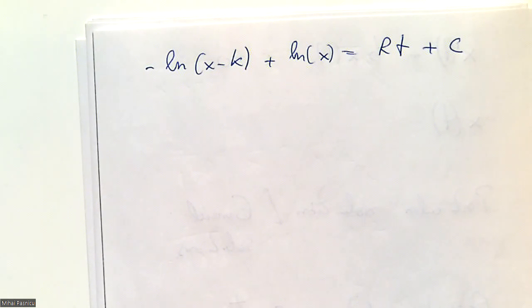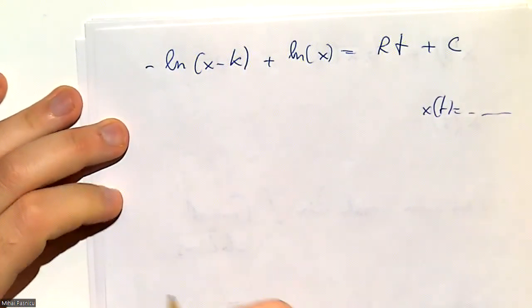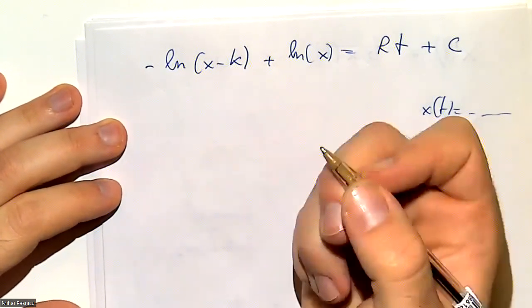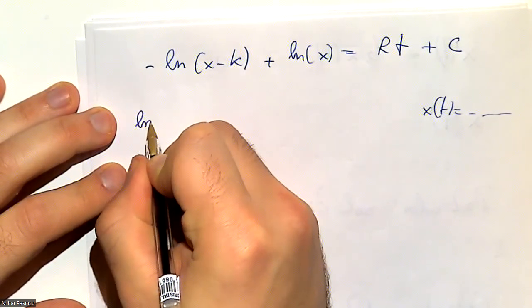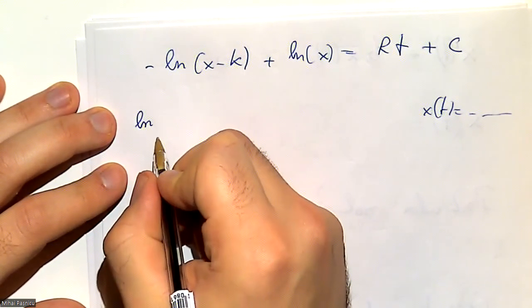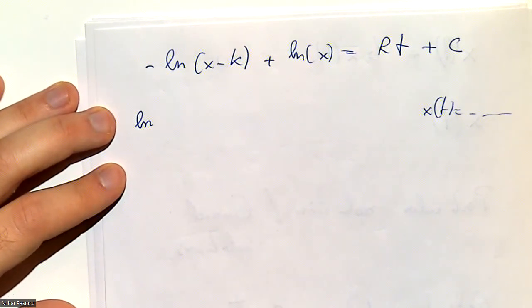Okay. Remember, I am not done yet. I need x of t being equal to something. So at this point, I have no idea. I'm just playing around with these things, just struggling to get something out of here. You know, I kind of feel exactly like you guys on the exam. I'm just trying at this point.